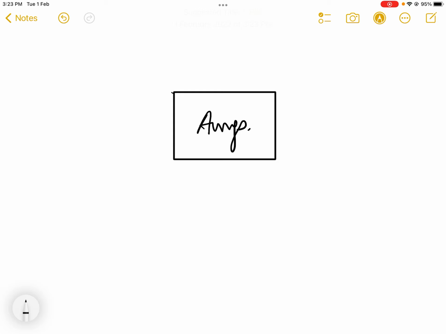AMP stands for amplifier. Now here I connect the input signal, and across these two input terminals, suppose I connect one microphone, and this microphone is picking up the sound waves from outside.